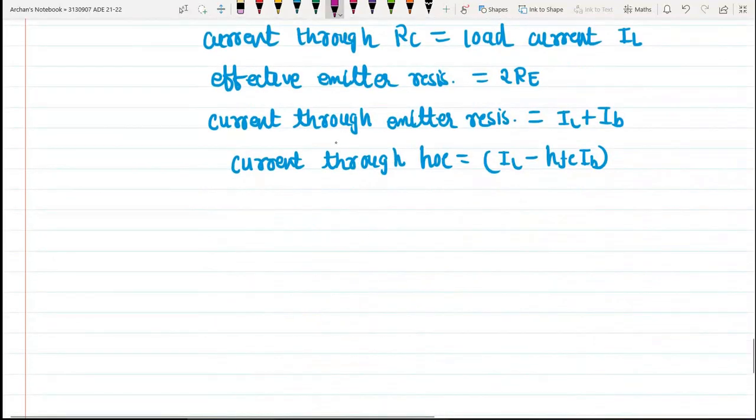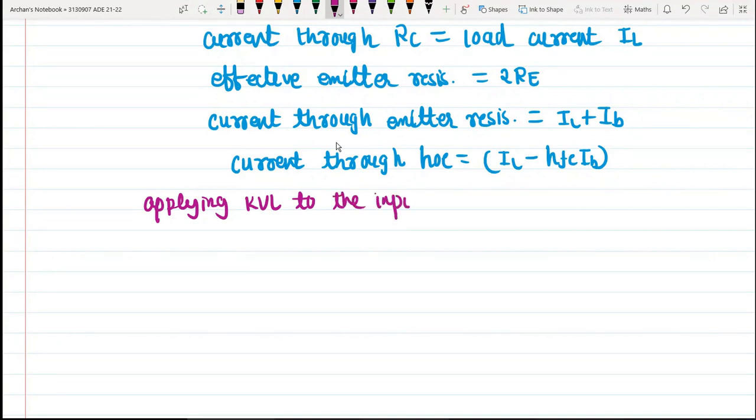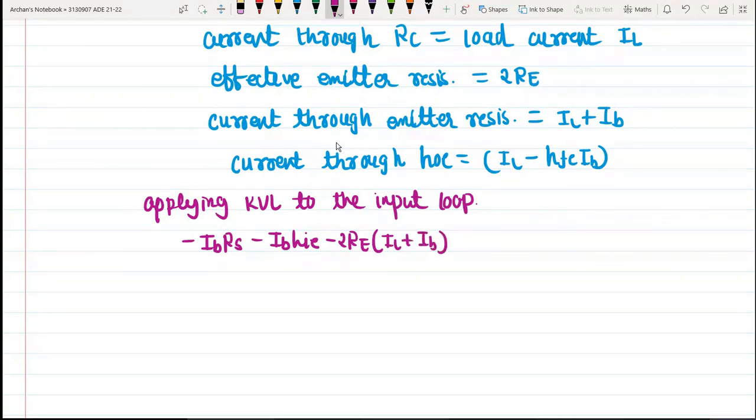Applying Kirchhoff's voltage law to the input loop, we will have this equation: minus IB RS minus IB HIE minus 2RE times (IL plus IB) plus supply voltage Vs equal to 0.